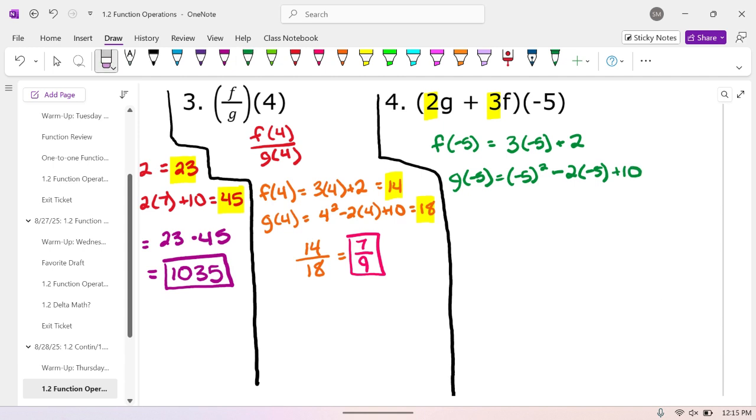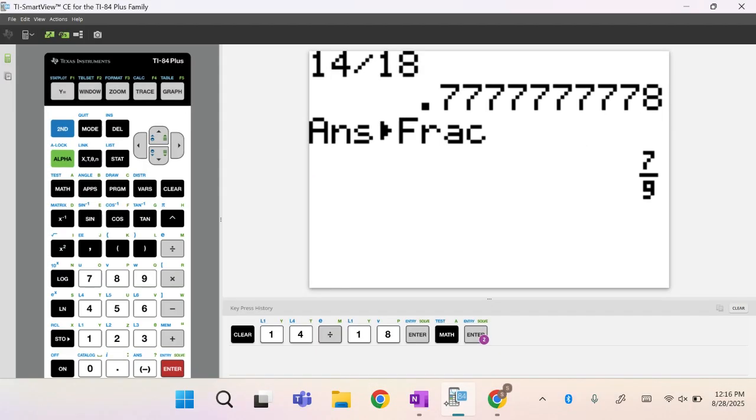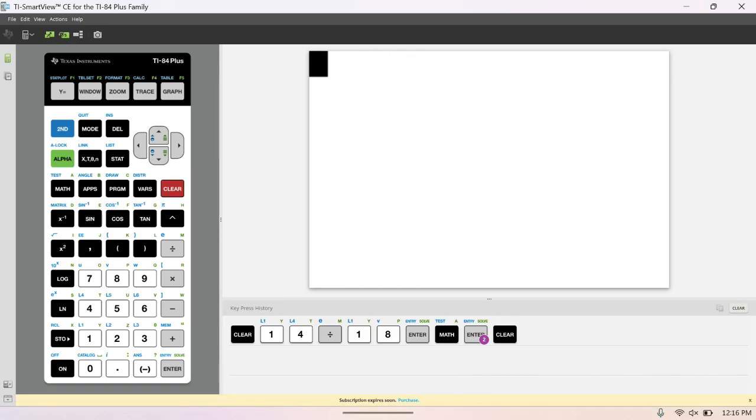Now, especially for g of -5, let me show you a calculator trick, because I think this is where a lot of you are getting it wrong and don't know why, even though you're probably putting in the correct thing. I'll go back to the screen, so don't worry. How many of you, when you're squaring something like a negative, for example, do this?